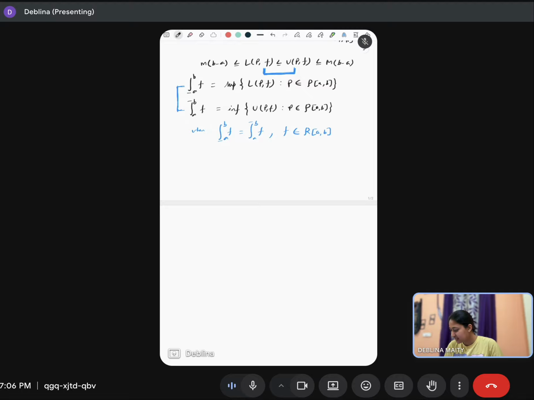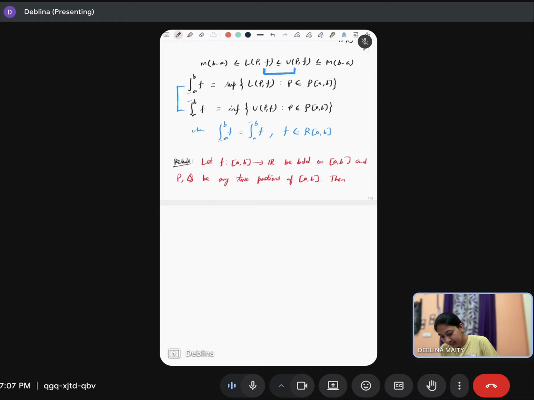Okay, we'll start with a result. Let f be bounded, and let P and Q be any two partitions of [a, b].